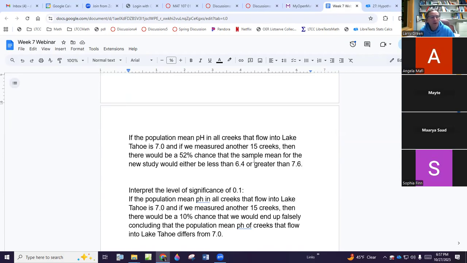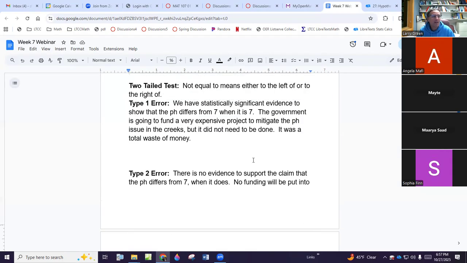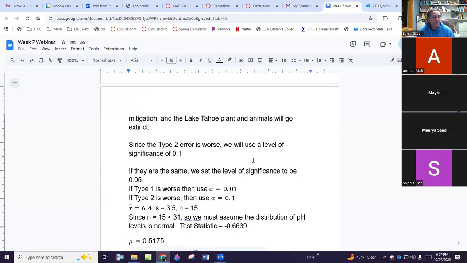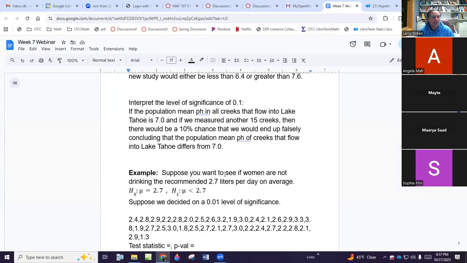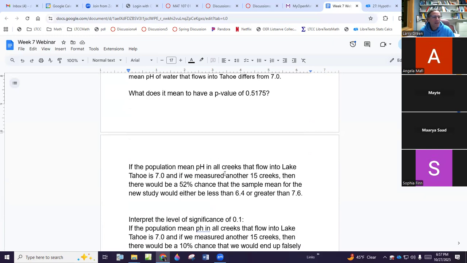Okay, 6.4, that was our sample mean. Okay, that was up here. Where were we? Right here. X bar was 6.4. How did I get 7.6?